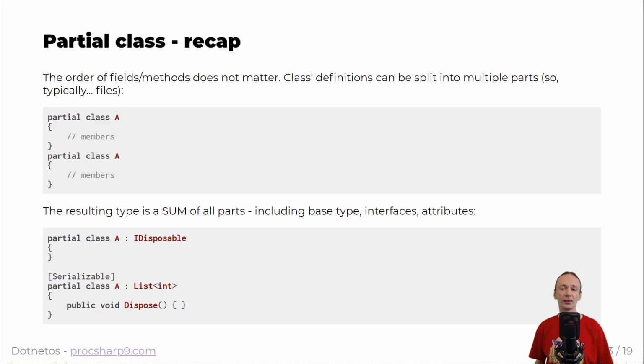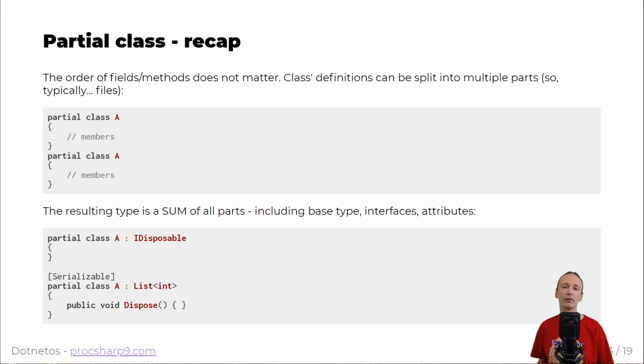So, for example, if a partial class A is set to implement IDisposable, then another part of it may have the Dispose method, which is required by the IDisposable interface.